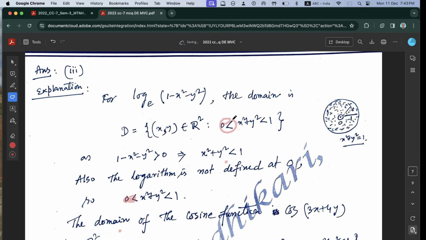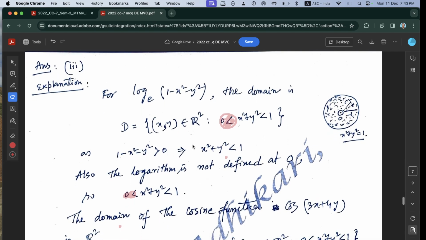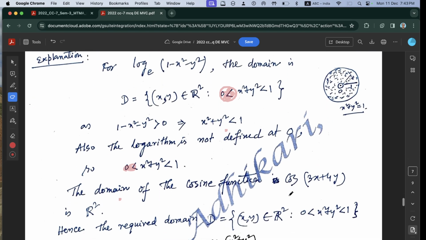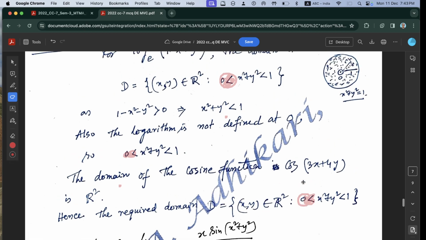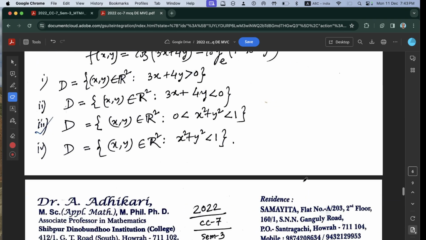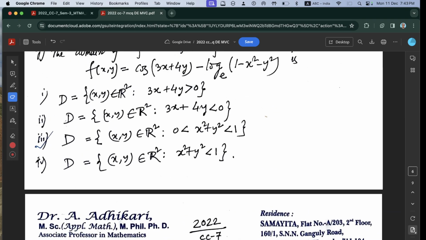So the correct answer is that x square plus y square may be equal to 0. If we put 0, log 1 is 0. So the correct domain answer is this. So correct option is D, not 3.